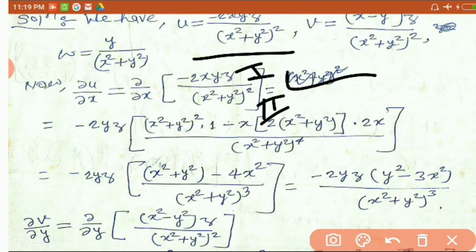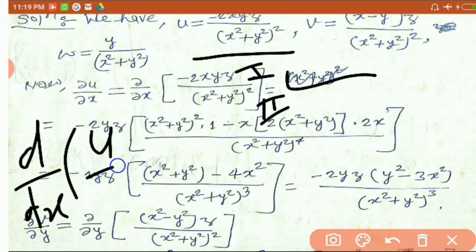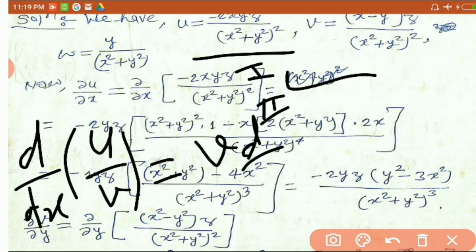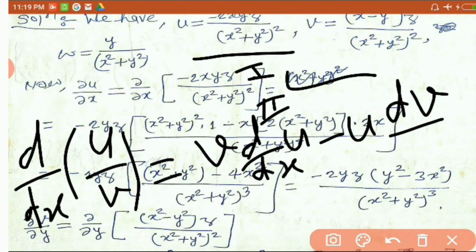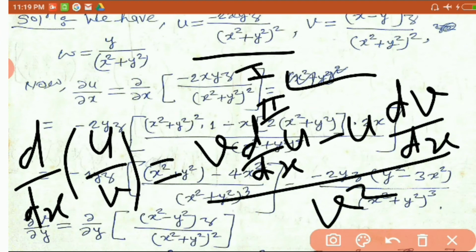We know the rule: d/dx of u upon v is equal to second function as it is, derivative of first function, minus first function as it is, derivative of second function, divided by second function squared.